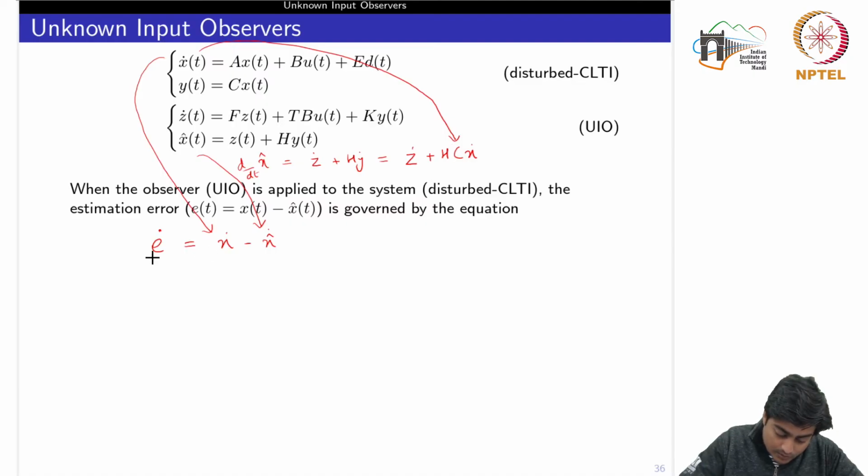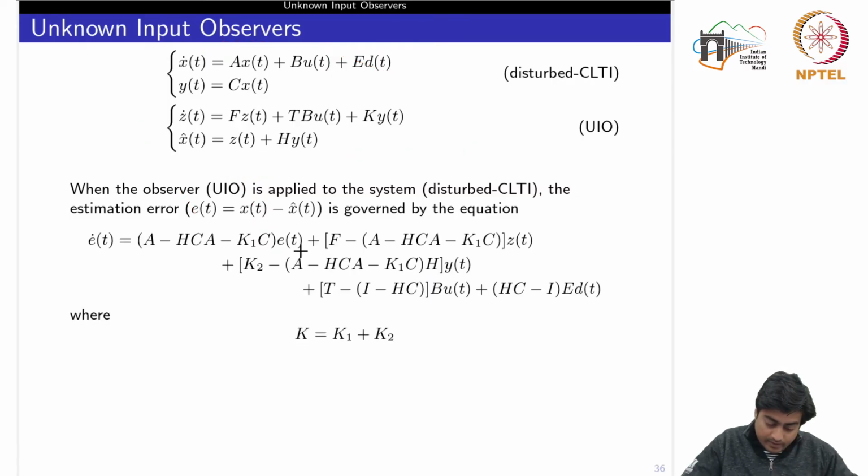Computing the error dynamics and simplifying, finally I would obtain these terms, where e dot is equal to some combination of matrices times e(t), which is basically the state of the error dynamics, plus this matrix times z(t), which is the state of the observer.